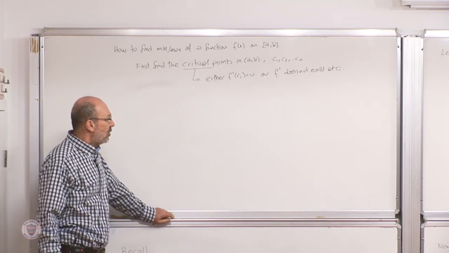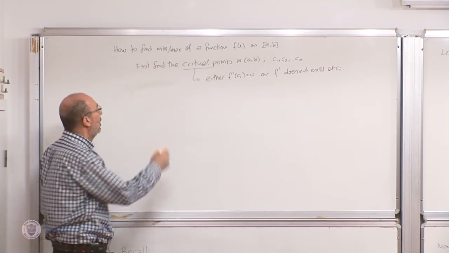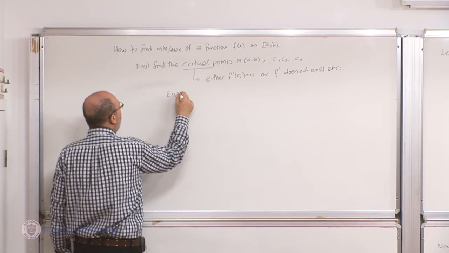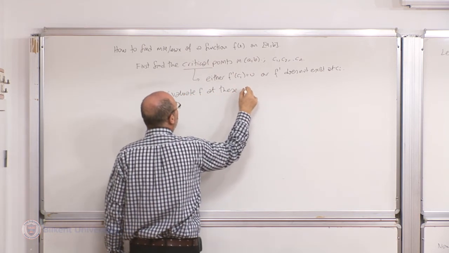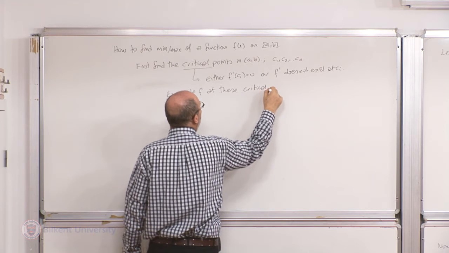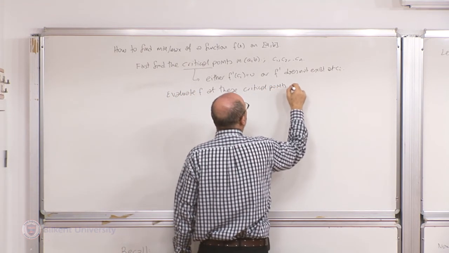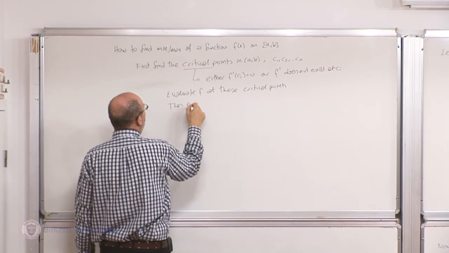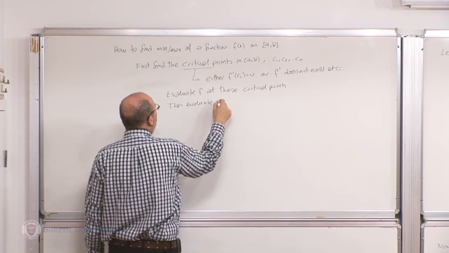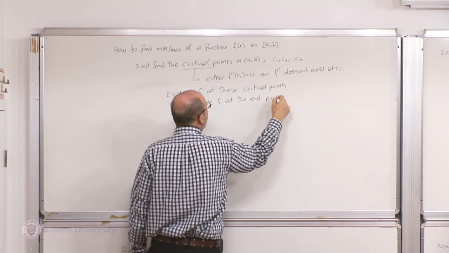If the point satisfies one of these things, it's a critical point. Evaluate f at these critical points, and then evaluate f at the endpoints.